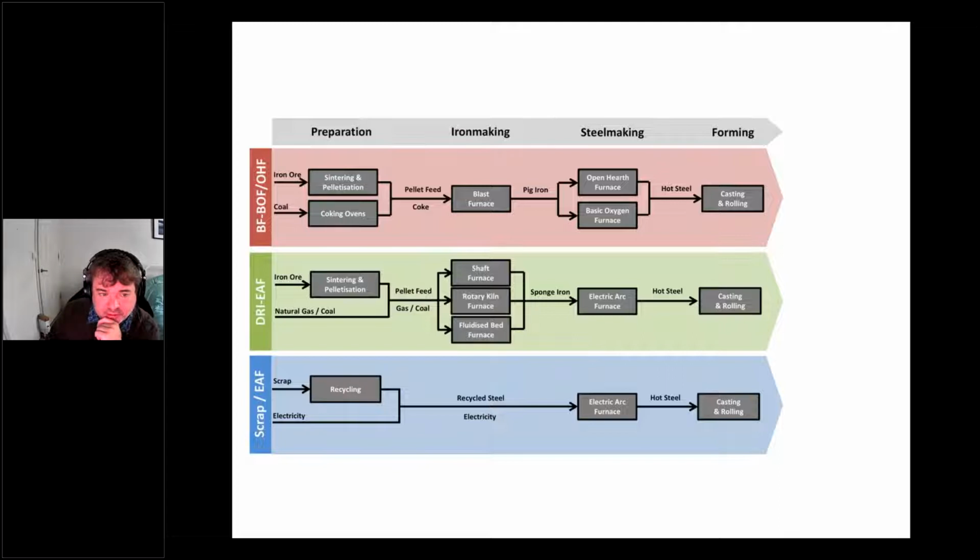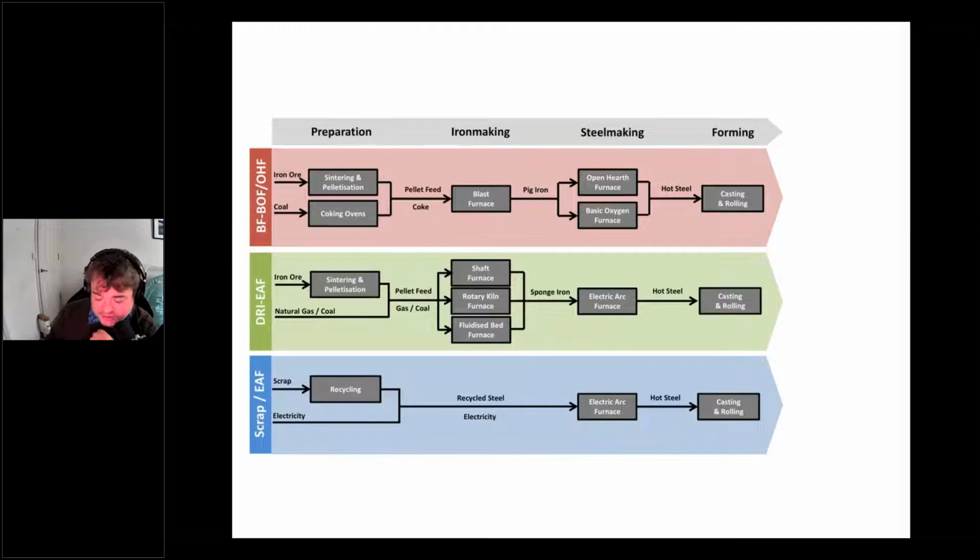You can go for a direct reduction method. So you take your iron ore, and instead of using gases from coke to rip the oxygen from your iron ore, you can use either natural gas, or, a lot more prevalently now, at least being proposed, hydrogen to reduce your iron oxide. Then that goes through a bit more processing, probably into an electric arc furnace, and then you make your steel.